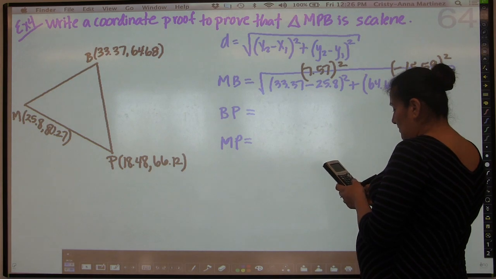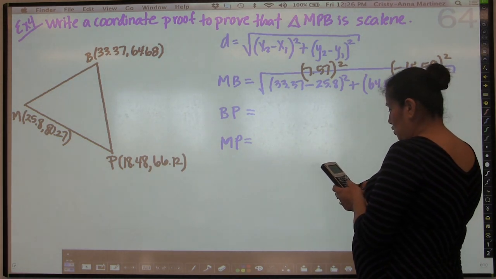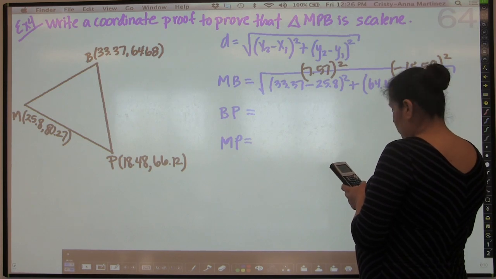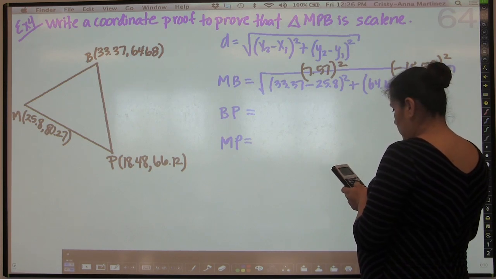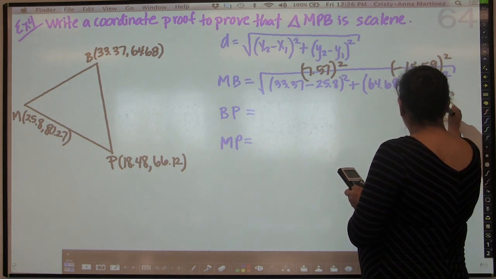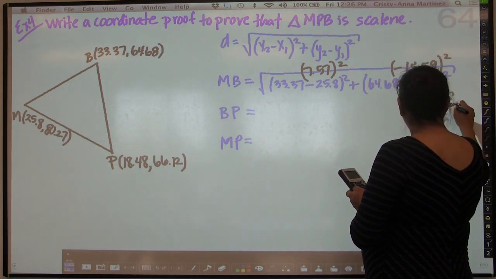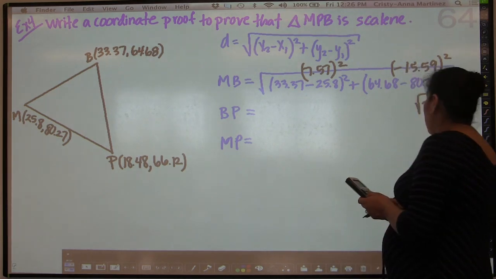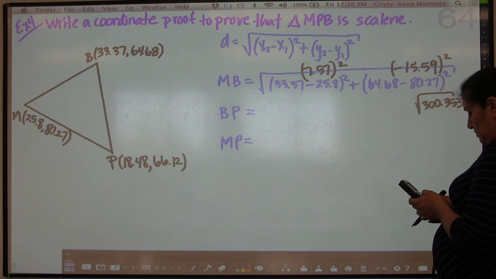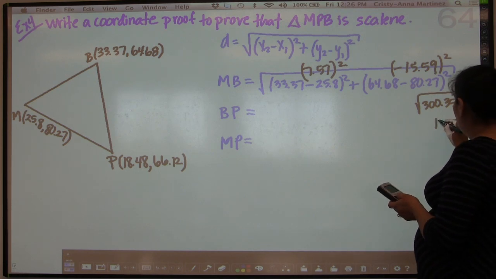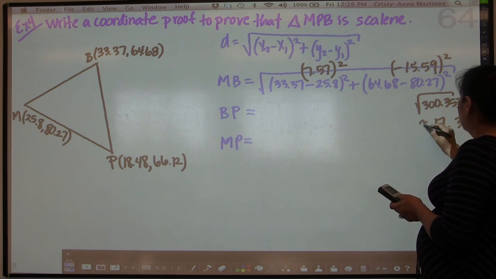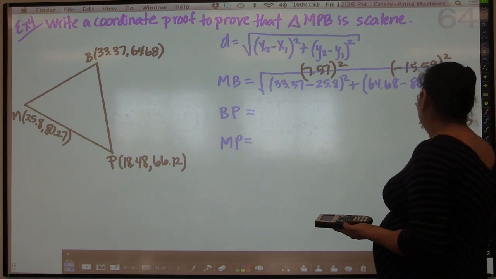So 7.57 squared plus negative 15.59 squared is 300.353, and then we want the square root of that. So I get approximately 17.33. Okay? So MB is approximately 17.33.